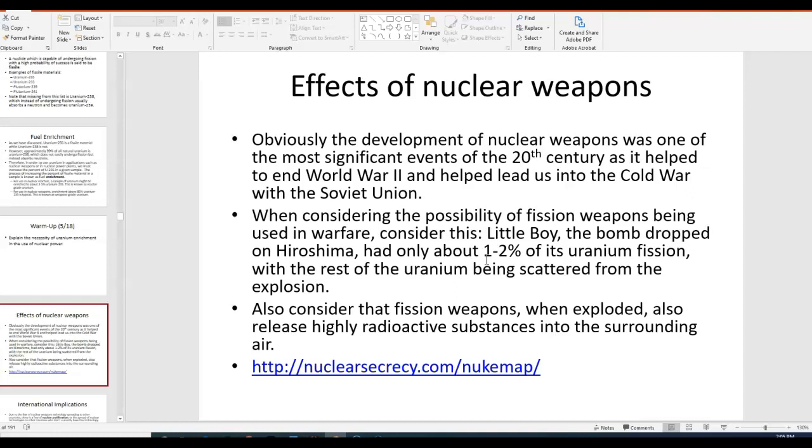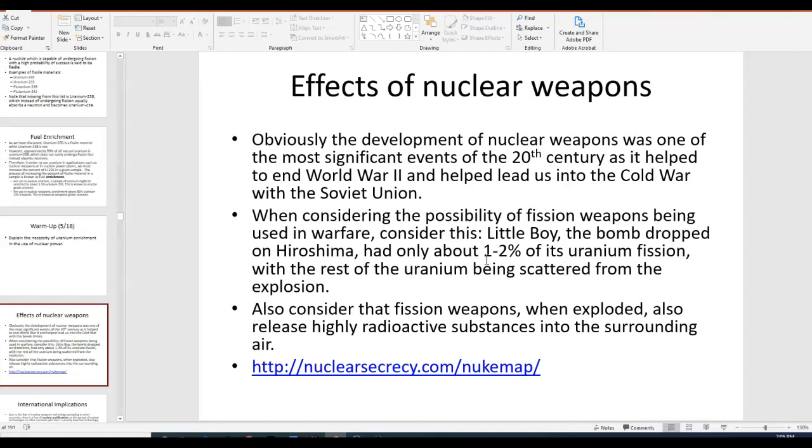Also keep in mind that when fission weapons explode, the daughter nuclei can also be radioactive, so nuclear weapons release highly radioactive substances into the surrounding air, some of which have very, very long half-lives. We've already talked about how uranium-238 can produce neptunium or plutonium, or the daughter nuclei can also be radioactive.